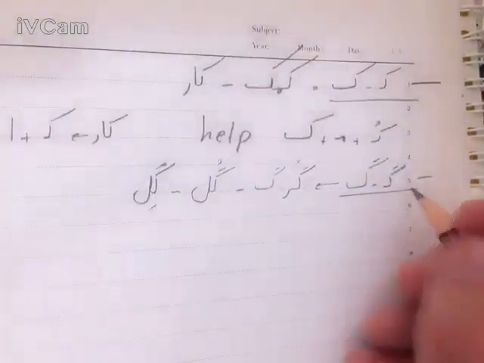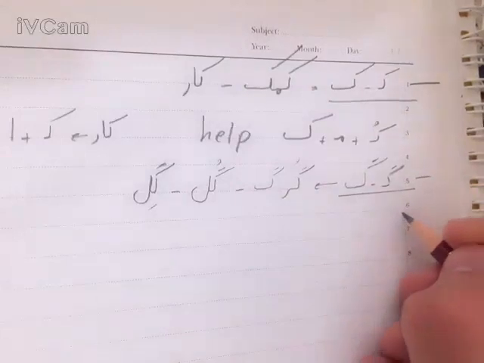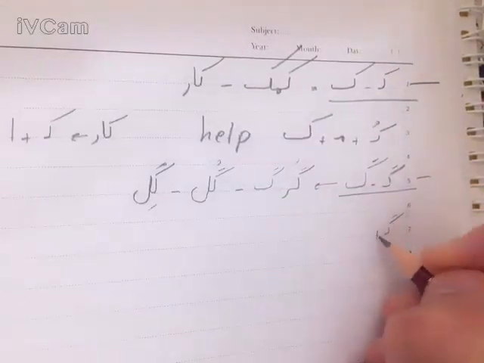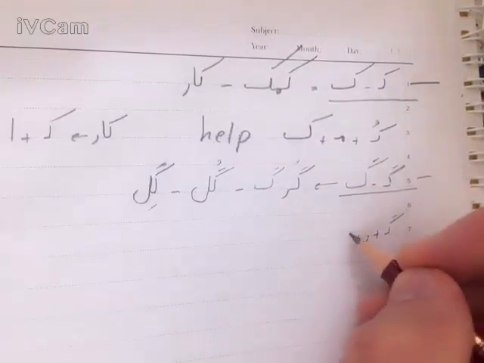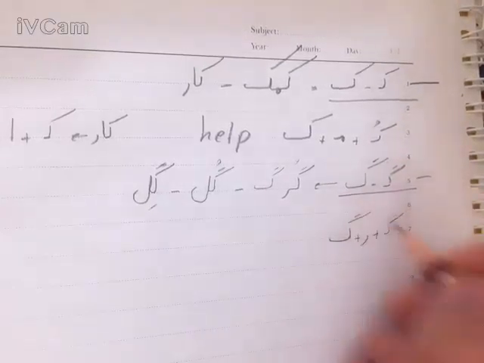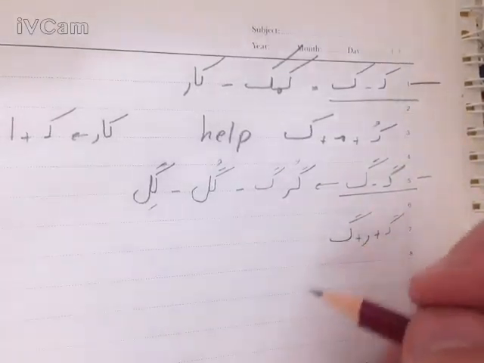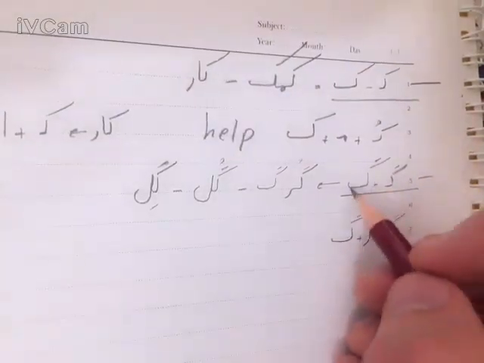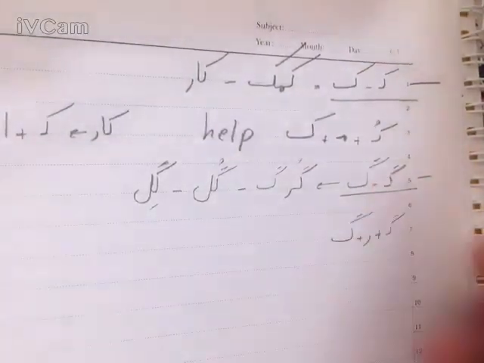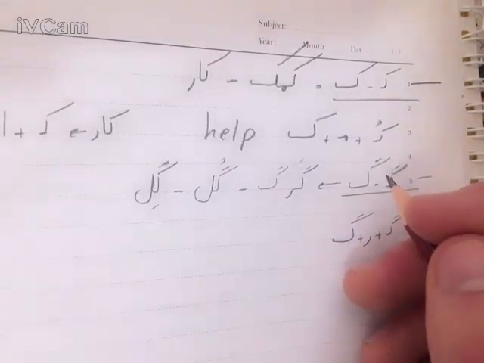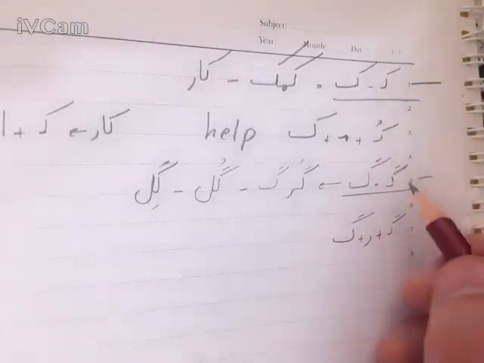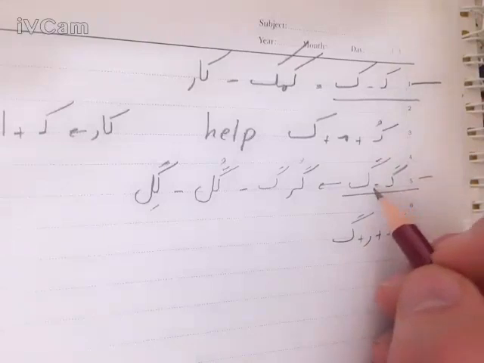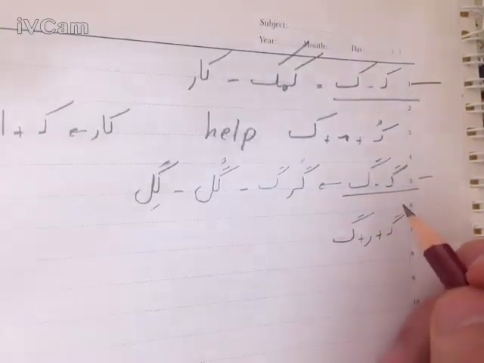So here we have ge plus re plus another final ge. You noticed if there is nothing after it, it would be like this, like the rest of the letters. And if there is something after it, it would get attached to it.